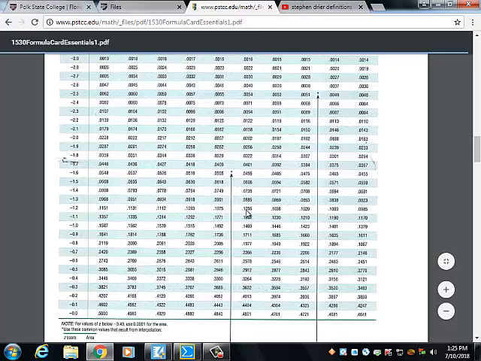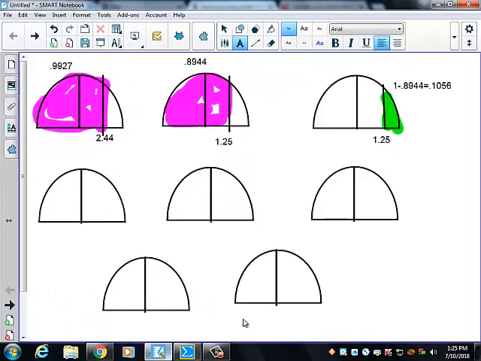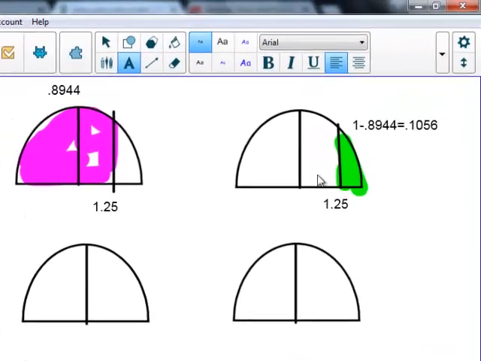If I look up 1.25, I get 0.1056. And what you'll notice is that's exactly the same thing that we came up with. And that means to find the area of a small area, small meaning less than half, I'll use a negative chart, and if I'm looking for a big area, I'll use a positive chart.